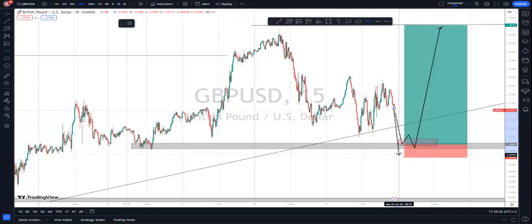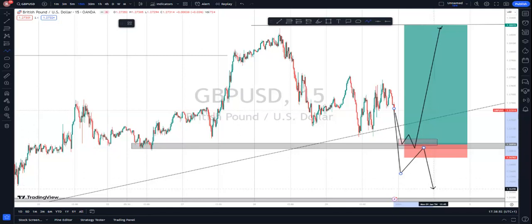I want you to play safe here because, as I said, two things will likely happen. The first one is forming a double bottom on the 15-minute or 5-minute time frame, then we start executing our buy trade. Secondly, it might come this way, break out of this zone, retest, and start moving down.